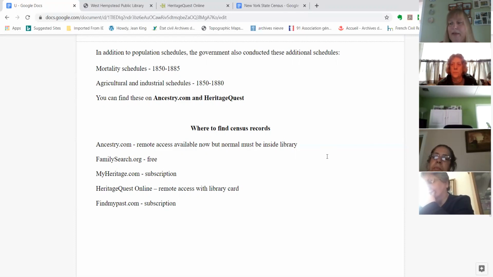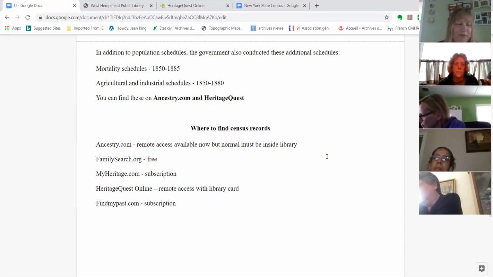Was he abandoned? Were they turned in by their parents? It even listed the year that they were admitted to this home. And then also it includes prisoners. So if you had a relative that was the black sheep, maybe they would show up in this 1880 census.